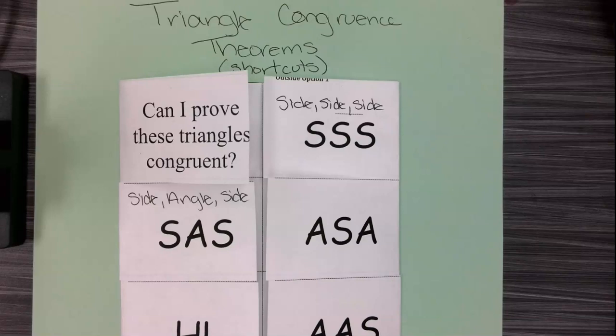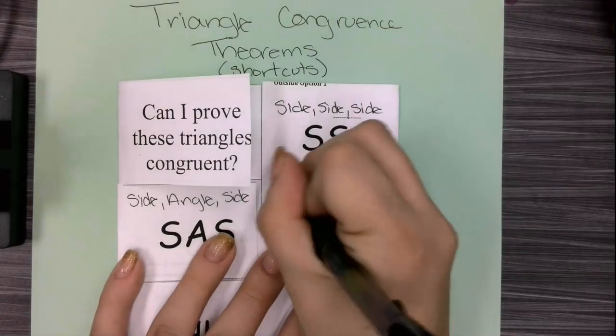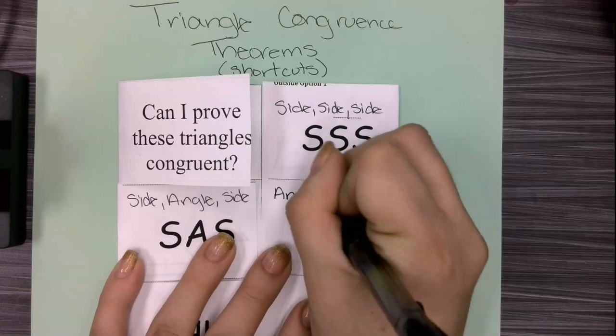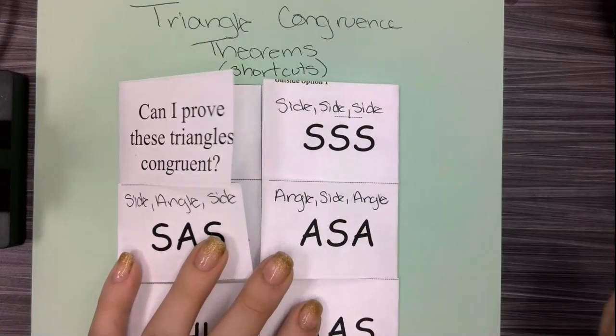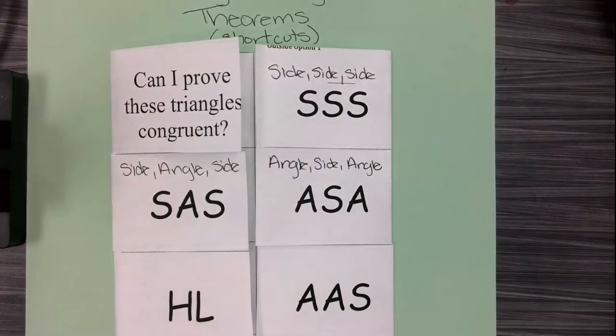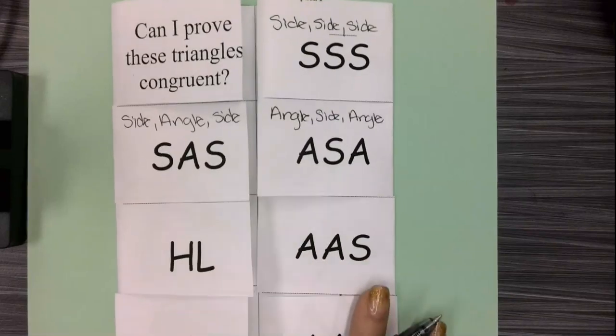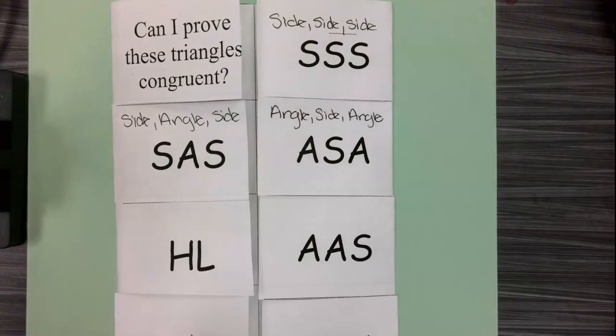Okay, the next one stands for angle side angle. Okay. HL is specifically for right triangles, and this refers to hypotenuse leg.